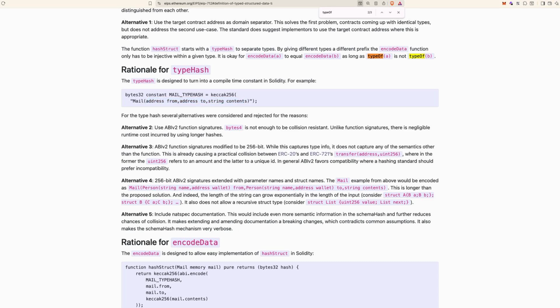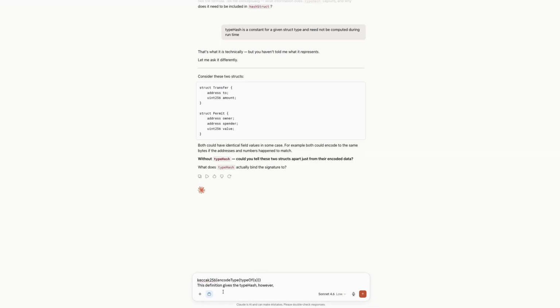Got it. This definition gives the typeHash. Without typeHash, could you tell these two structs apart just from their encoded data? What does typeHash actually bind the signature to? Okay, the definition.